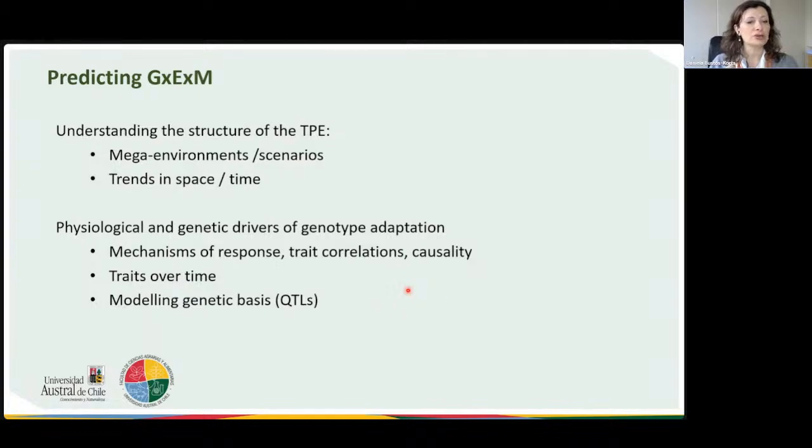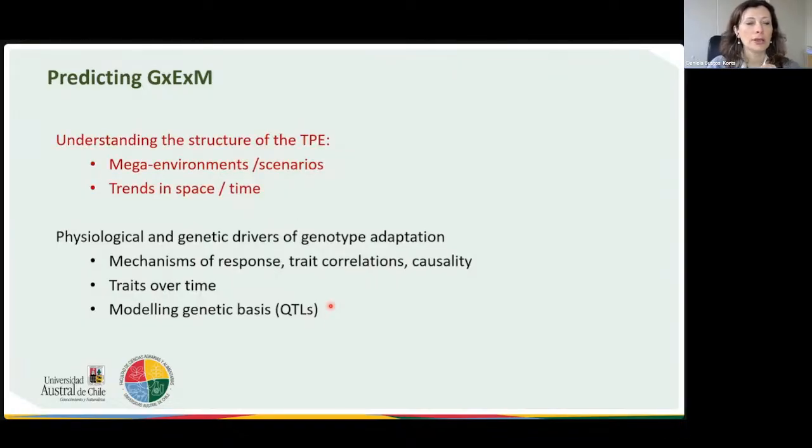Which are the traits or the mechanisms of response, and how are these mechanisms of response related to environmental conditions? How can we model traits over time? And finally, with all these things, we try to get to some QTLs that drive these responses over time and trait correlations. Okay, so let's get started with the first part.